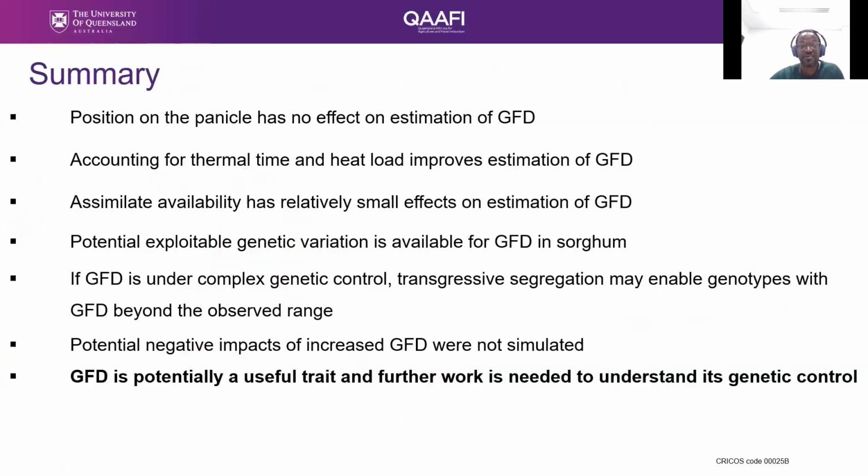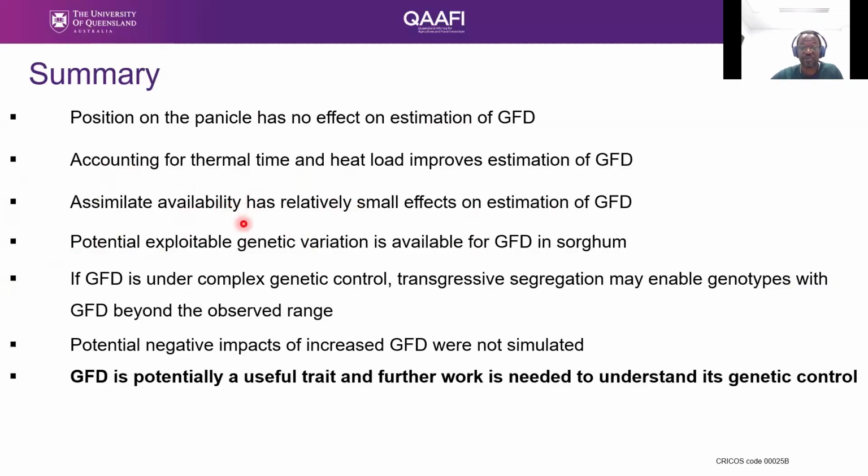Accounting for thermal time and heat load improved the estimation of grain filling duration. We found that assimilate availability had relatively small effects or no effects on the estimated grain filling duration. And again, the assimilate availability had more effect on the grain filling rate rather than the grain filling duration.